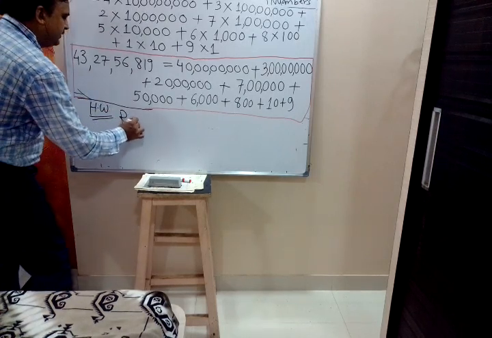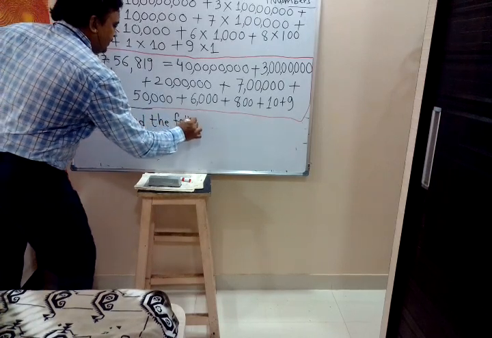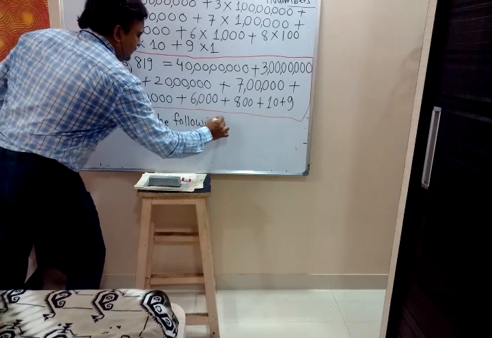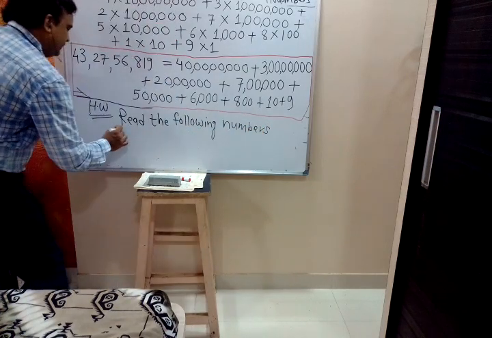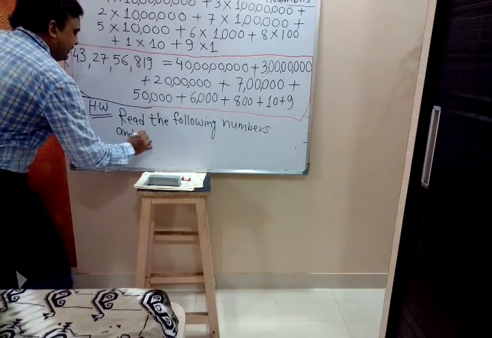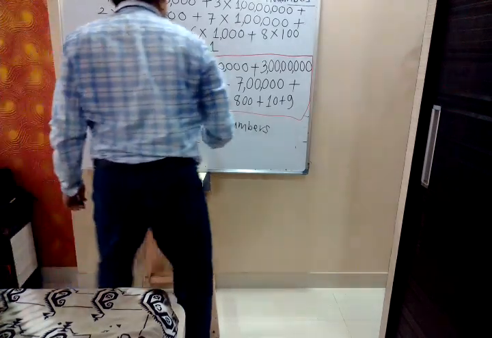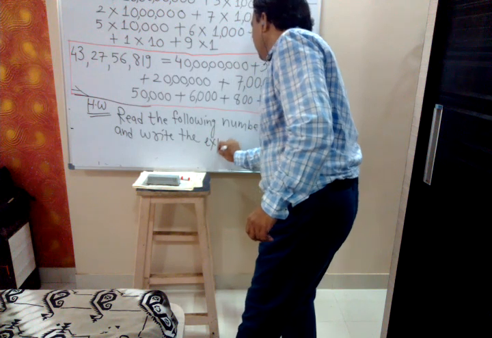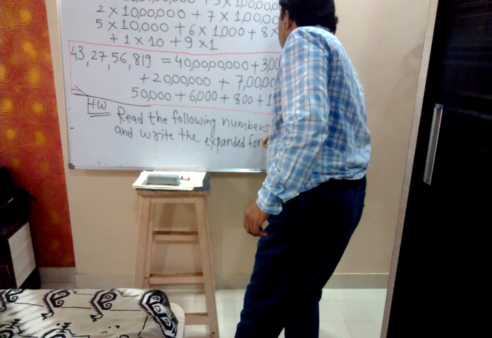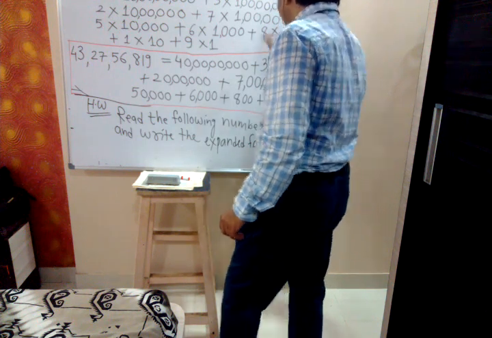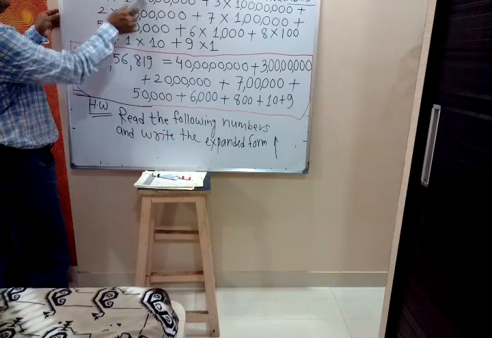Read the following numbers and write the expanded form of that number. So now I am writing there. This part is over, these 3 lines.